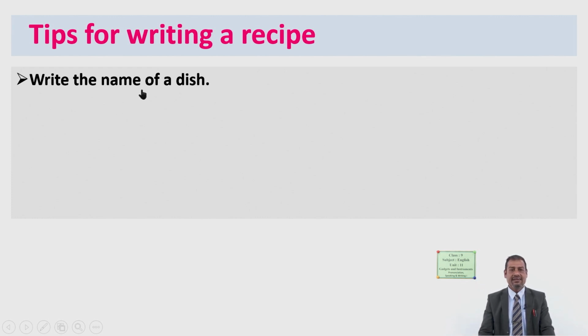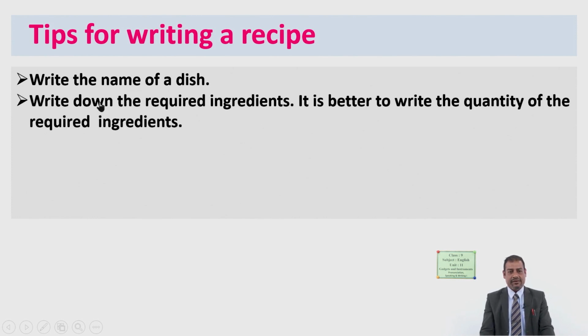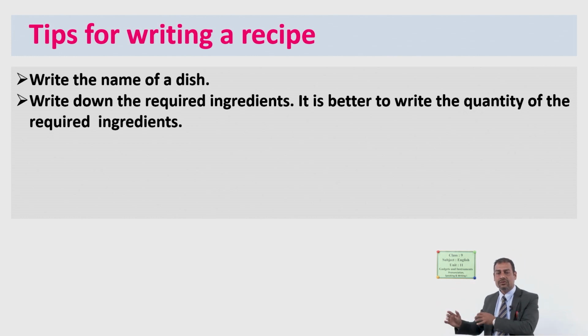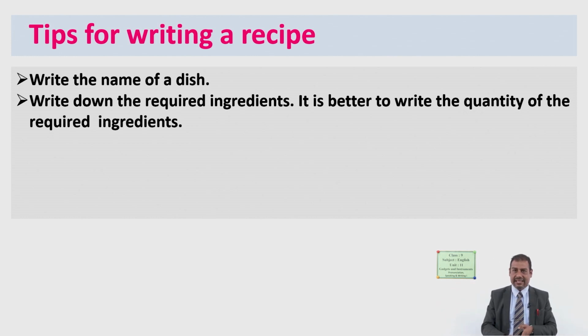Then write down the required ingredients. It is better to write the quantity of the required ingredients. After writing the name of the food, you have to write down the things that are necessary for cooking that particular food item. And if you can write down the quantity, how much we need, that is better.